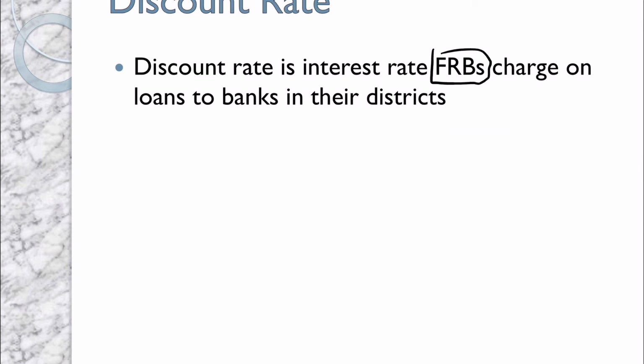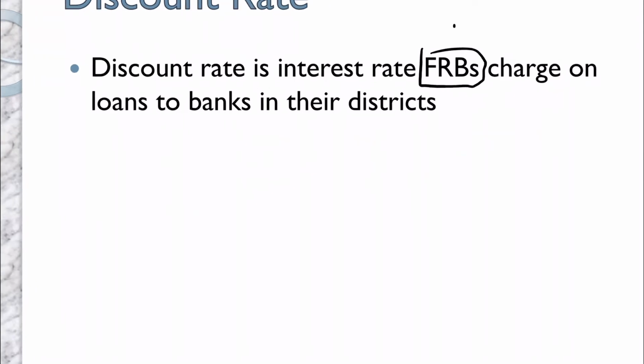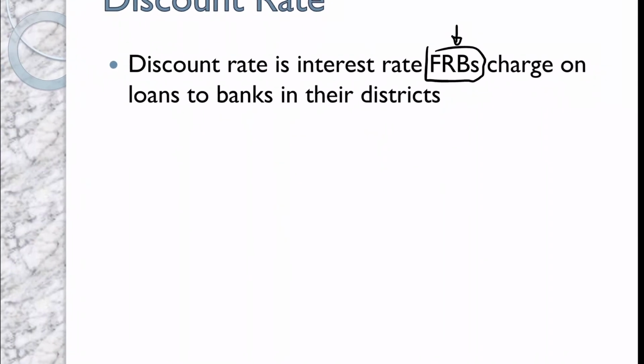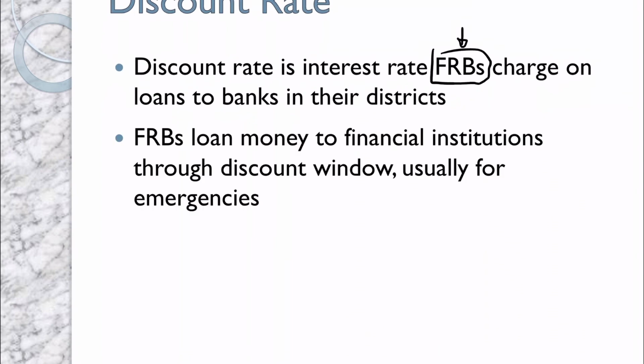So remember that the federal funds rate that we just discussed is the rate charged from one bank to another bank, so one financial institution to another financial institution. The difference with the discount rate is that it's between the Federal Reserve Bank in that district and the banks within their district. So Federal Reserve banks loan money to financial institutions through what is called a discount window, and it's usually for emergencies.